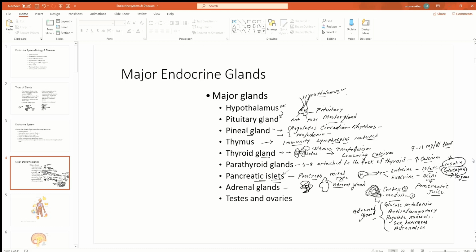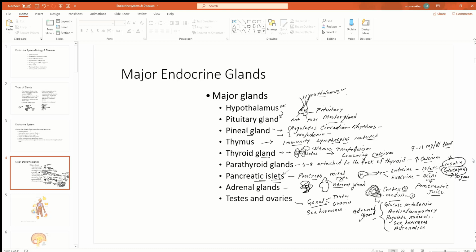Okay, then the testes and ovaries. These are the gonads. Male gonads are testes and female gonads are ovaries. Two testes in male and two ovaries in female. And gonads produce sex hormones, right? And that is the endocrine function, hormonal function.